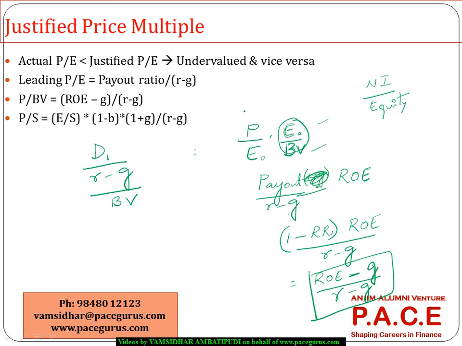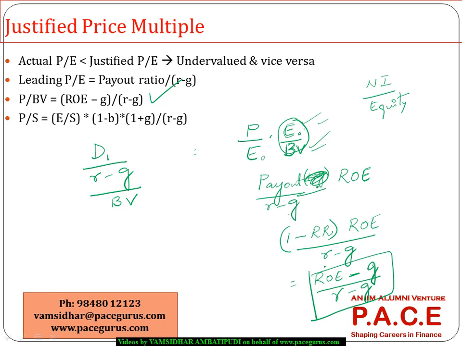So when I say payout by R minus G into ROE, ROE is the earnings divided by the book value, and payout I will write as 1 minus the retention ratio, into ROE by R minus G, which gives me ROE minus G by R minus G, the justified price to book value multiple.